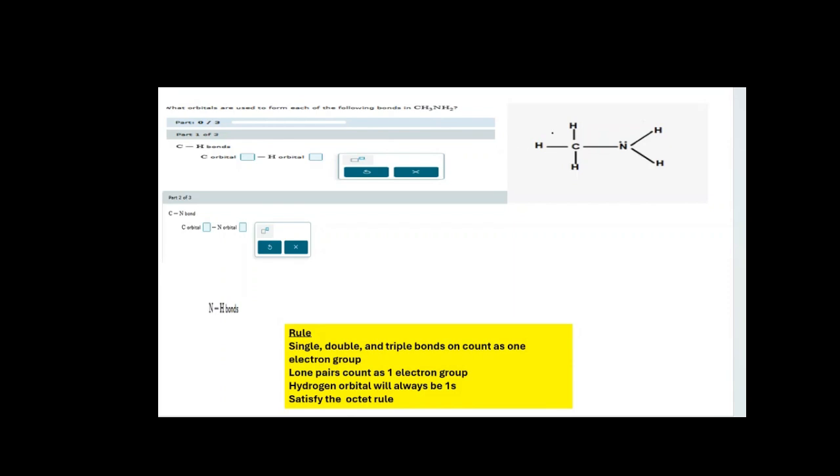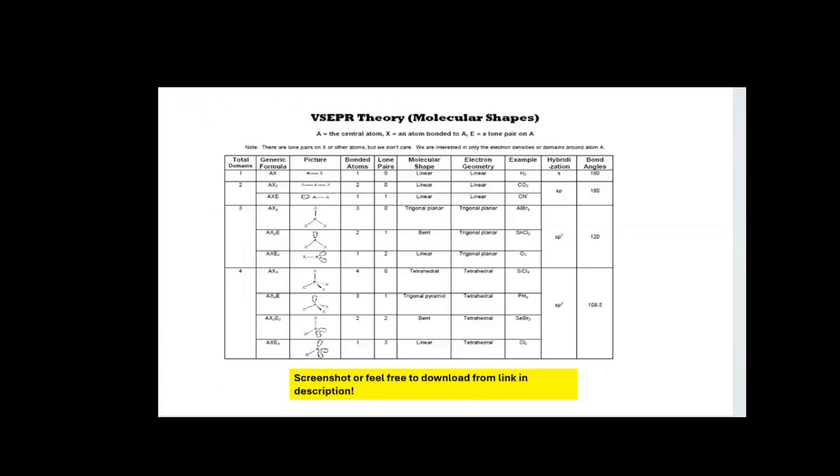Carbon has 1, and I'll number them, 2, 3 to that nitrogen right there, and then 4 to this hydrogen here. So that has 4 electron groups. Going back to our sheet, for domain 4, for electron groups, we use the hybridization or orbitals sp3.